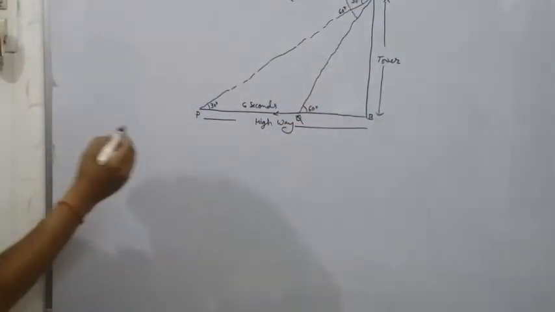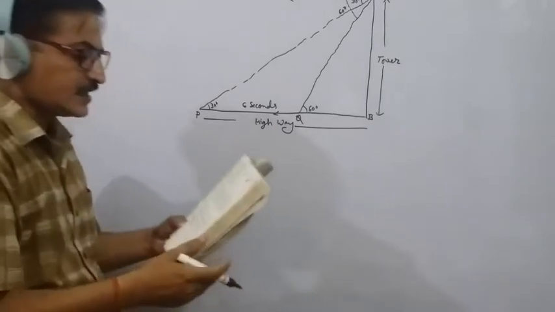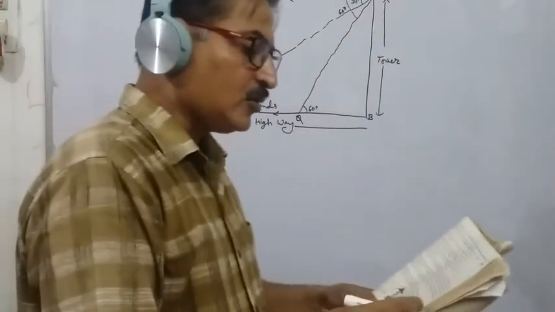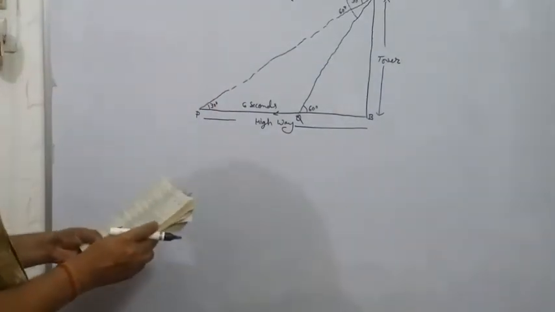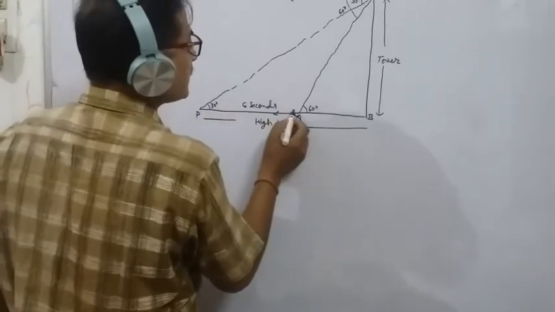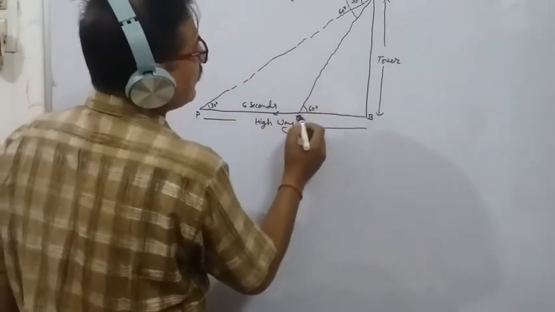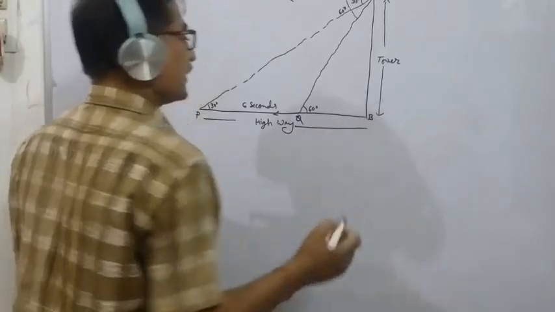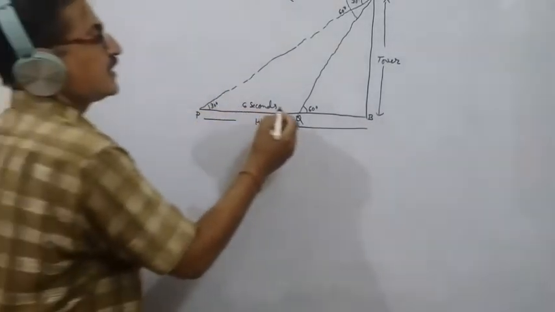So what is it asking? Find the time taken by the car to reach the foot of the tower from this point. After 6 seconds it has gone from 30 to 60 degree. Now how much time will it take to reach the tower, means Q to B, QB?